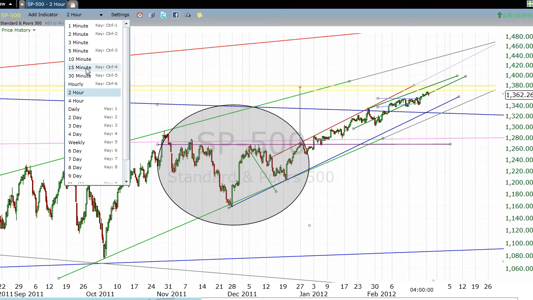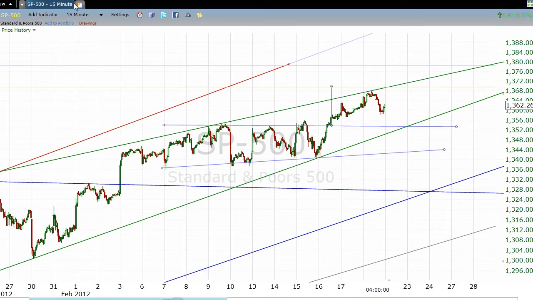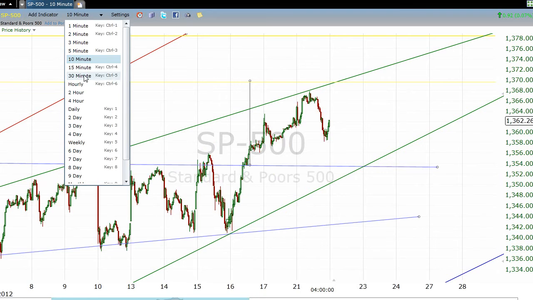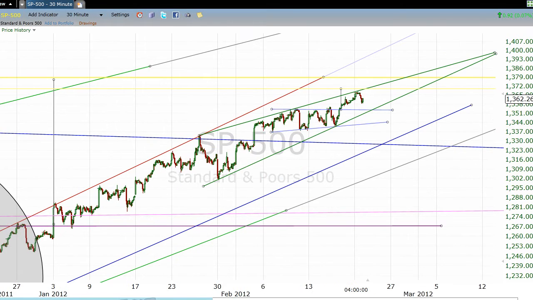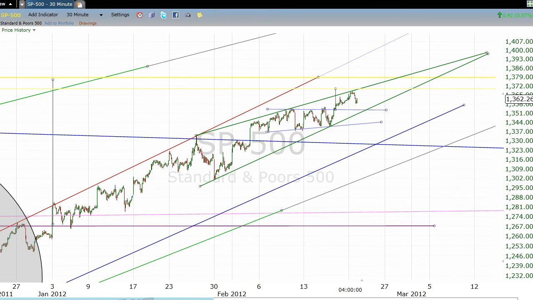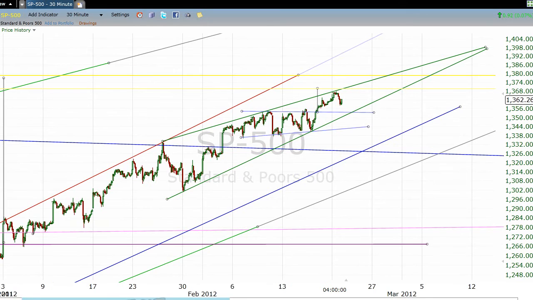And guys, it looks to me like this market is kind of giving us a heads up here. I think both of these targets are well within range of what this market can do.